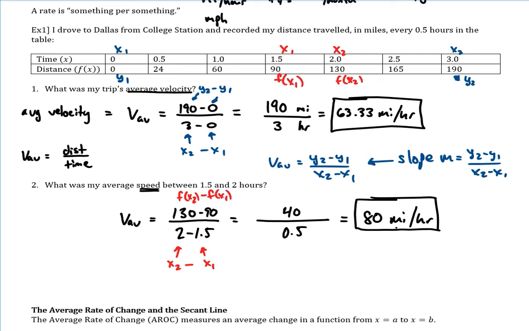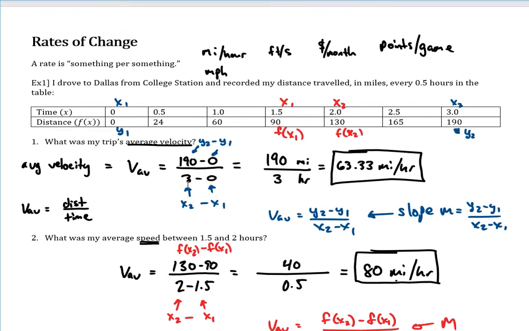Okay, so again, we've got this average velocity written in this formula way as f of x2 minus f of x1 over x2 minus x1. And again, that's really just the slope. Okay, so we see that we have the connection. So here's just the difference of preference between y's and f of x's.